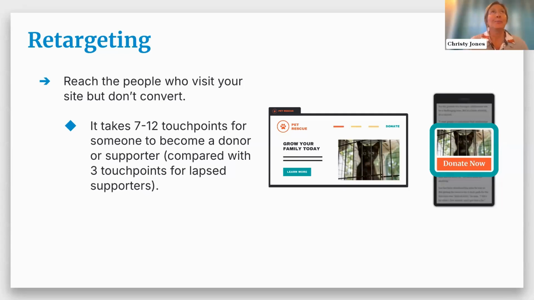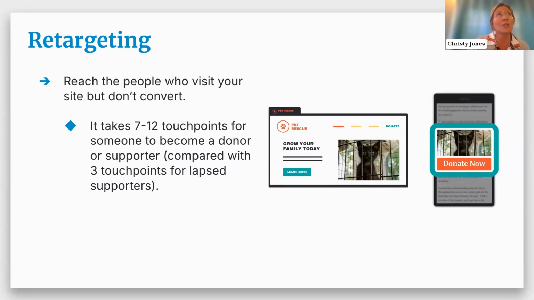Sure. With the majority of our campaigns, our high intent pages are our donate or give page, our join page, and then whatever program specific page that we're looking to promote.